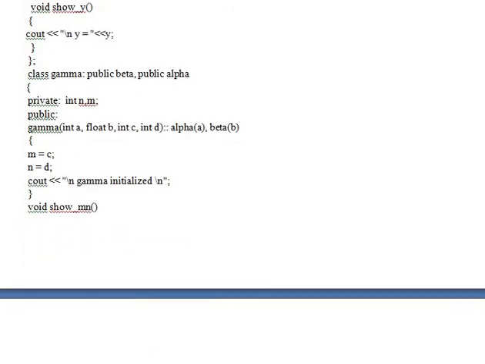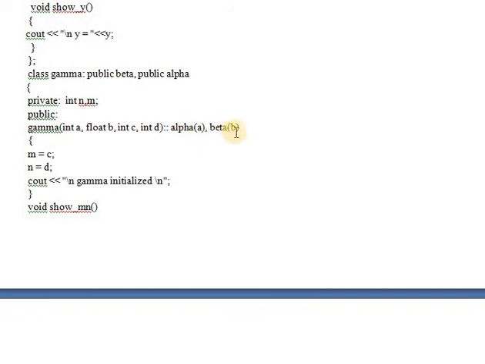Now gamma is the derived class, which is derived from the beta and alpha classes. It has private integers n and m, and in the public section an integer a. Now gamma is the constructor of the derived class. First, the argument of the alpha class is passed, then the argument of the beta class is passed, and then integer c and integer d are the arguments of the class gamma.